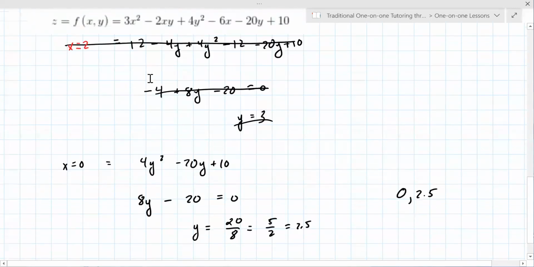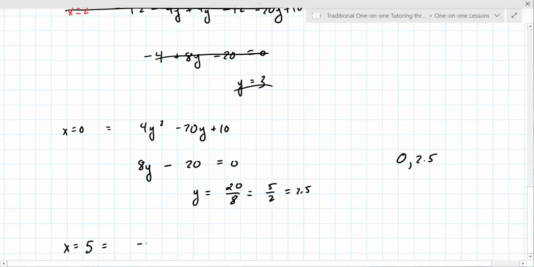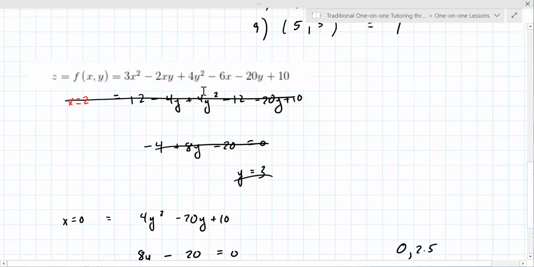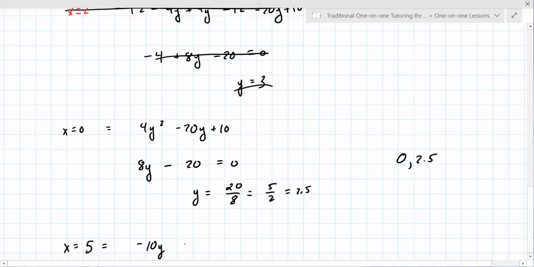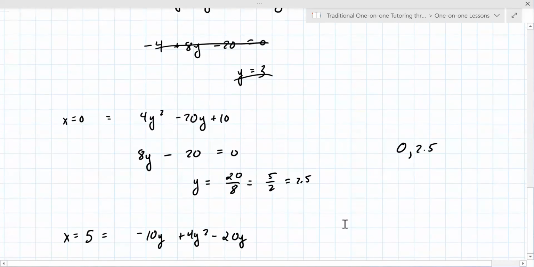So it becomes minus 10y, and then plus 4y squared minus 20y, because you actually don't care about the constants. If you do this on your own, when you get 75 here and you get minus 30, they just don't matter because you're taking a derivative.